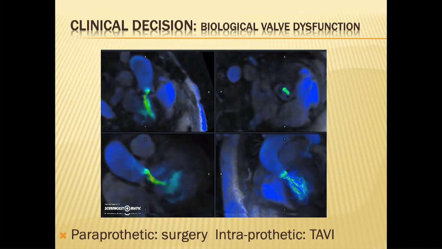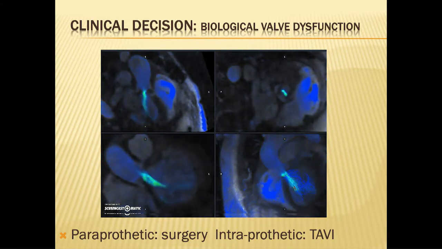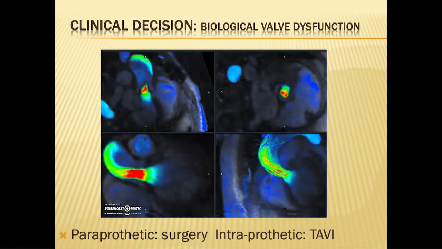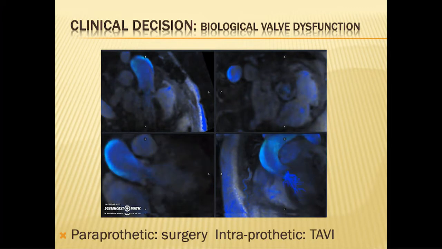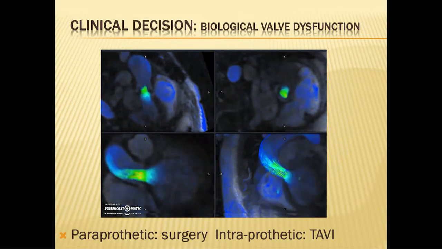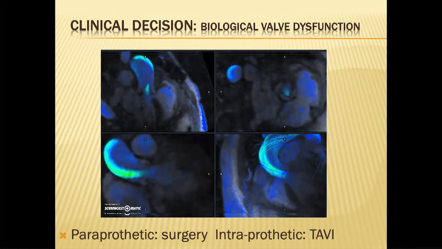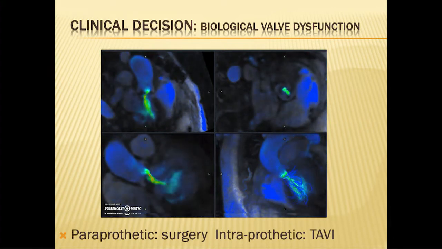If it was paraprosthetic, the patient should go to new surgery. If it was intraprosthetic, the patient should go for TAVI. And here again, obviously, you don't need any specific knowledge to see that the leakage was clearly intraprosthetic. Just with this image, the patient went to TAVI.